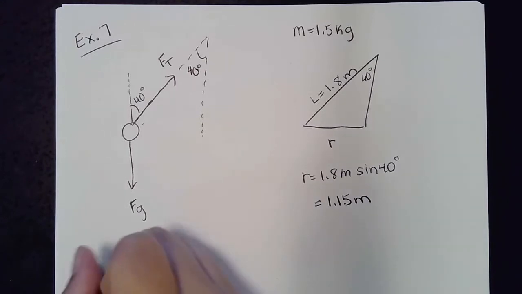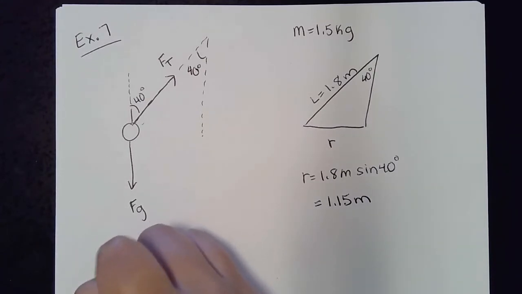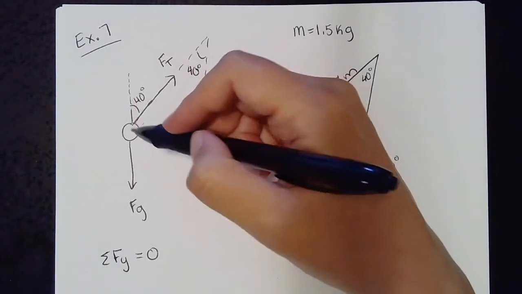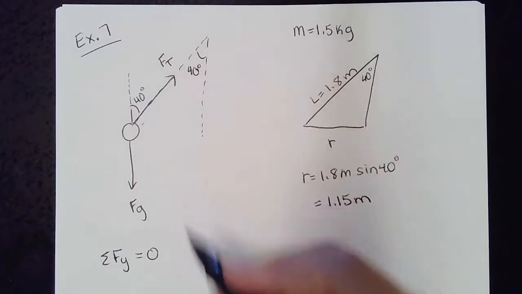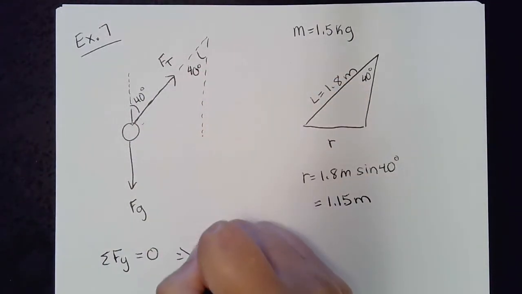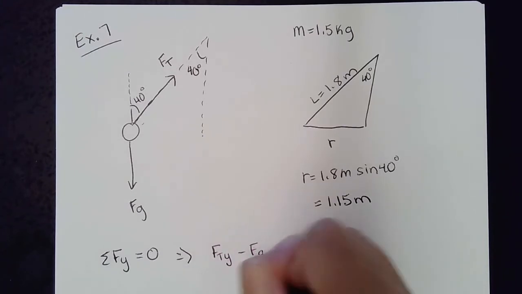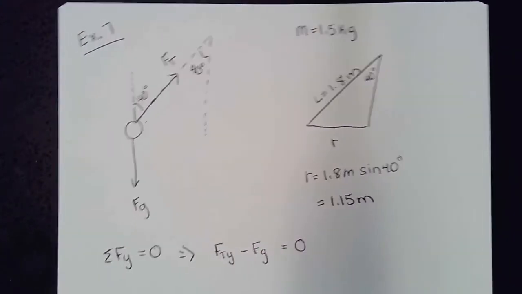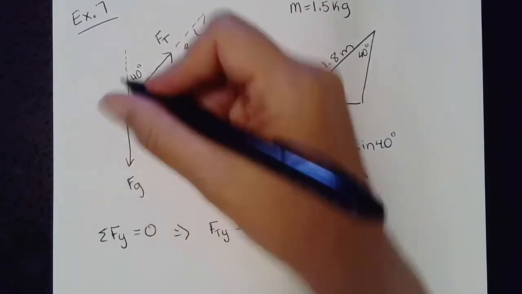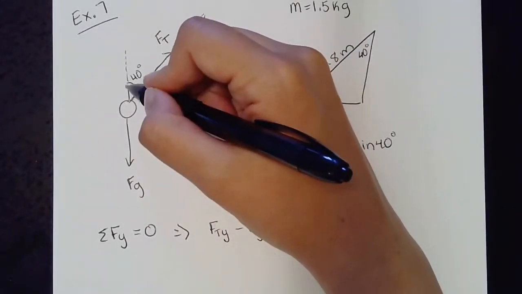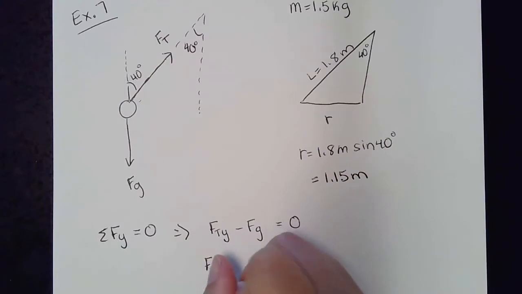So for the tension, let's try using the y direction. The net force in this y direction or perpendicular direction here equals 0. So we have Fty minus Fg equals 0. So this is cosine of 40 because it's adjacent to the 40.